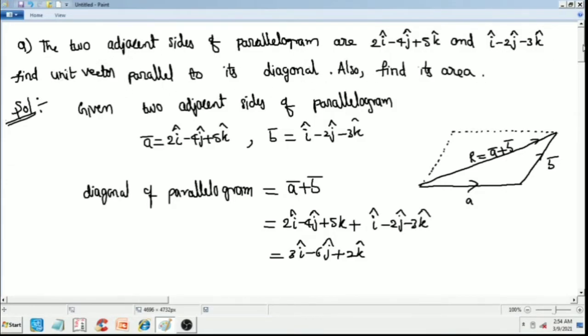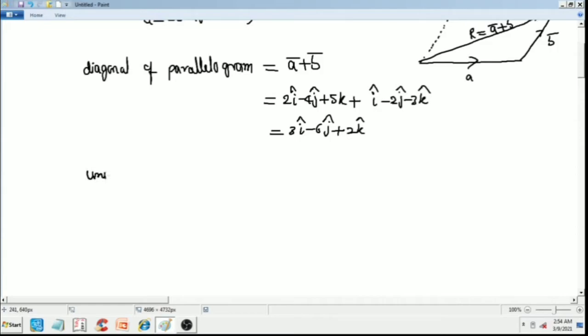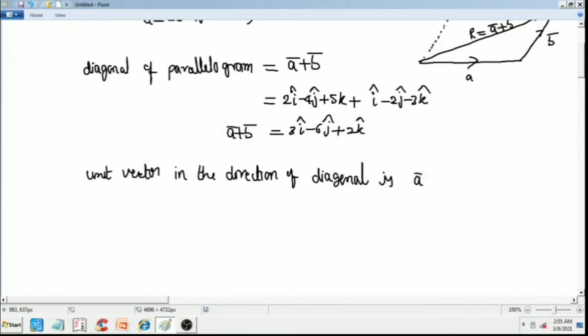But what is asked is the unit vector parallel to its diagonal. So the unit vector in the direction of the diagonal, let us say this is A bar plus B bar, is (A bar plus B bar) by the magnitude of (A bar plus B bar).